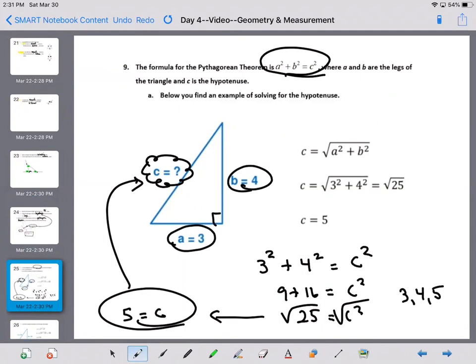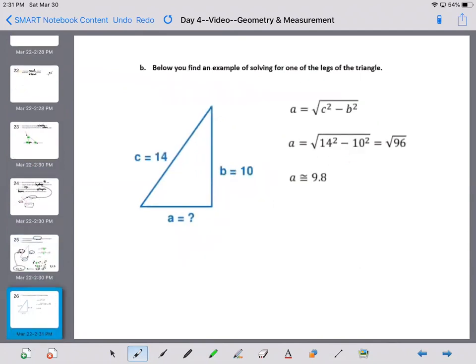Now notice as well that we had addition going on throughout this whole problem because we were looking for the hypotenuse. When you're looking for a leg and you know the hypotenuse, you would take a squared plus b squared equals c squared, where a we don't know, b is 10, and c is 14. We're going to end up doing some subtraction.